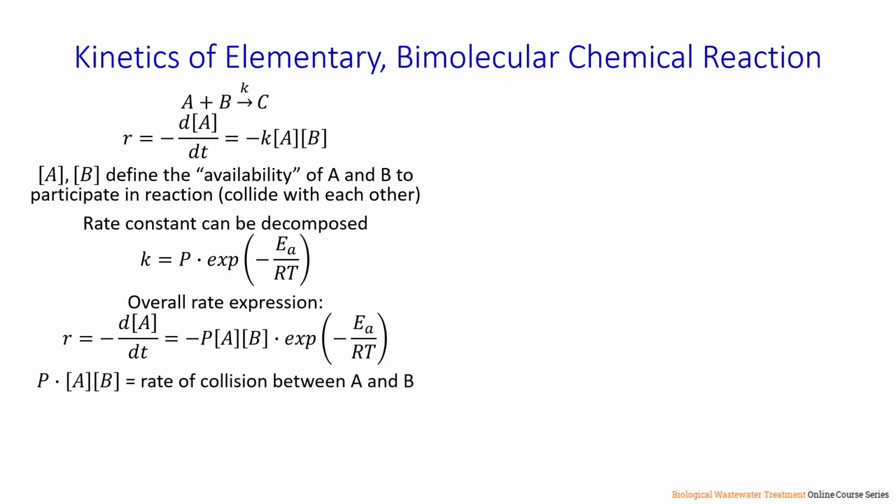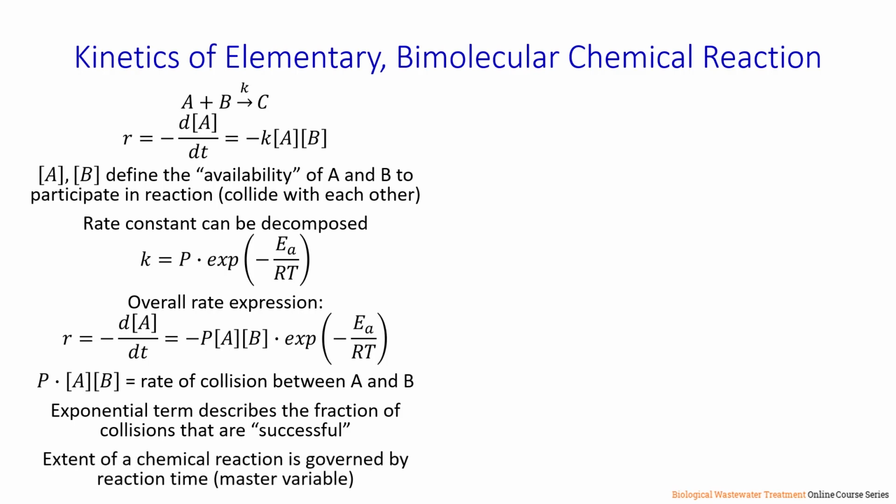Specifically, the product P, the pre-exponential factor, times the activities of the participating reactants describes the rate at which those reactants collide with each other. The exponential term then describes the fraction of those collisions that are successful.